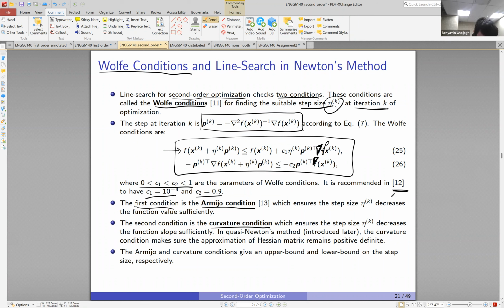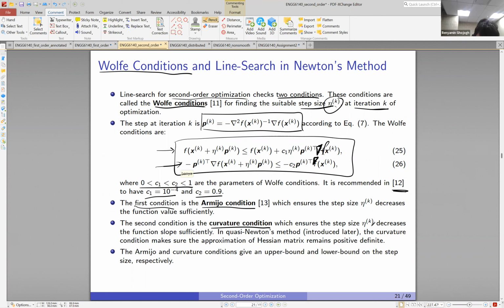The first condition is called the Armijo condition, because we had it also in Armijo line search, or backtracking line search, if you remember, in first order methods. The second one is introduced here as a second condition in the Wolfe conditions, and that's the curvature condition.